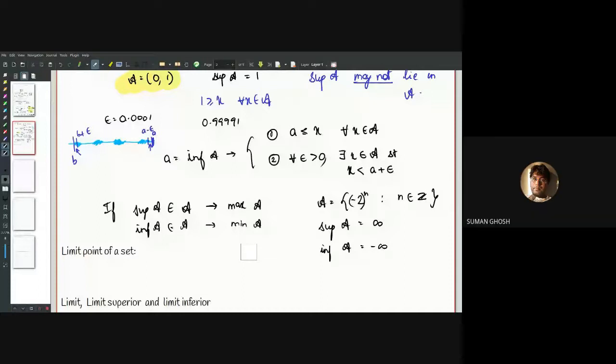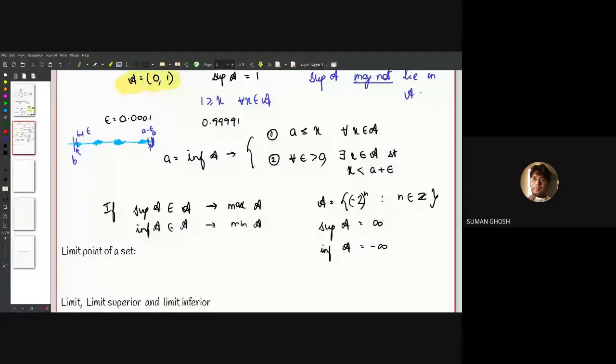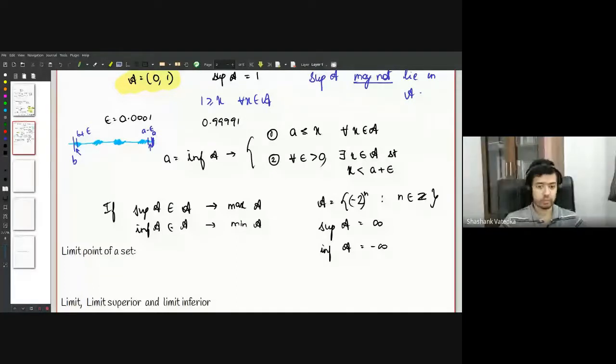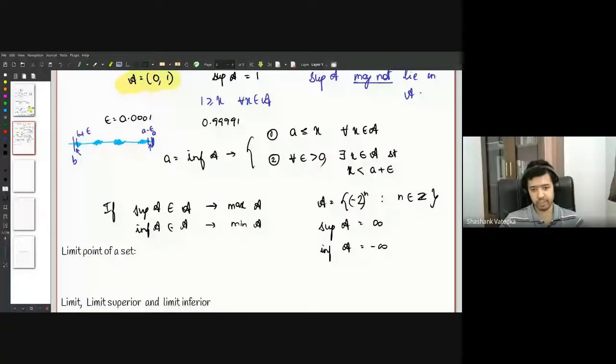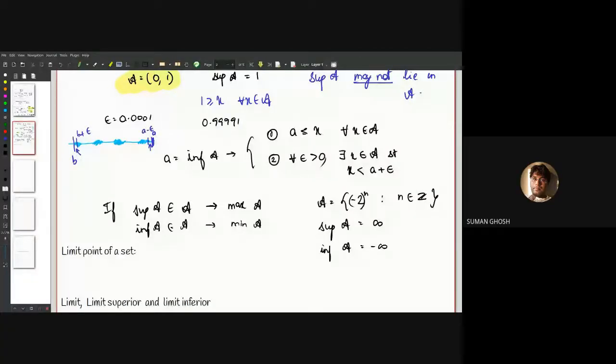Sir, in general, is the supremum or infimum calculated like if we calculate the limit as n tends to infinity and n tends to minus infinity, or is there any method to find the supremum and infimum? For some sets it may be easy to find the supremum and infimum. Sometimes it may be very complicated, depending on the set. It's not necessarily a sequence.